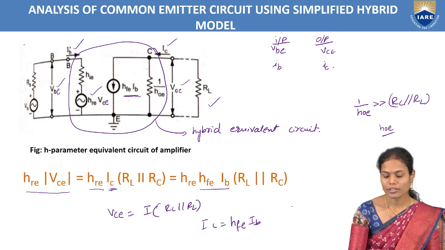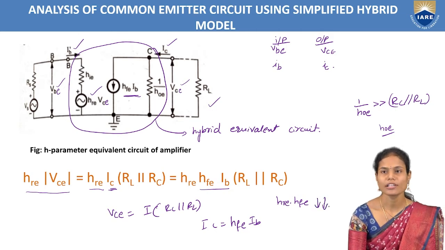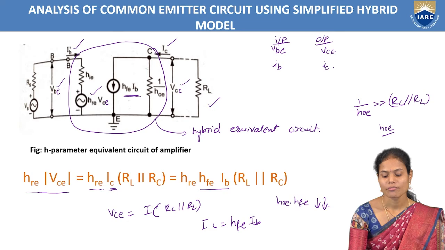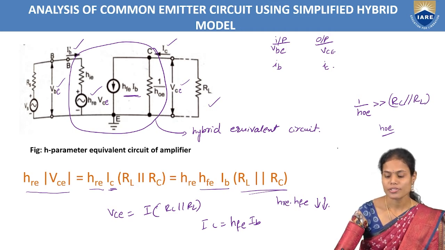Suppose the product of HRE and HFE is very small. If this value is very small, we can neglect it, provided the parallel combination of the resistances is also small. Then only can we remove the HRE and HFE terms. And our condition, HOE into RL, should also be less than 0.1.